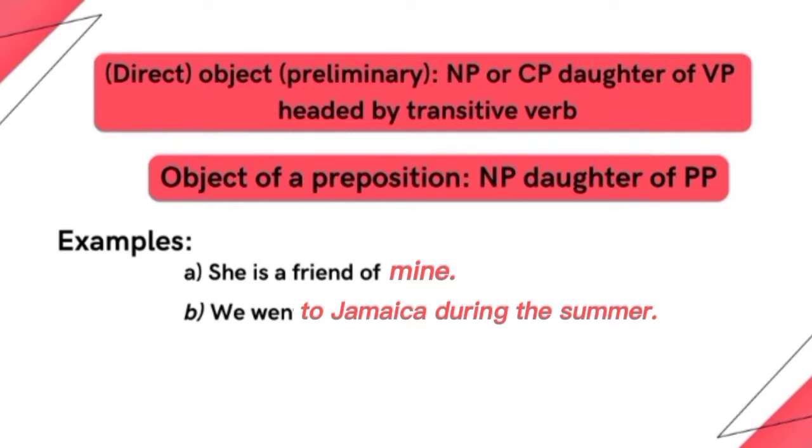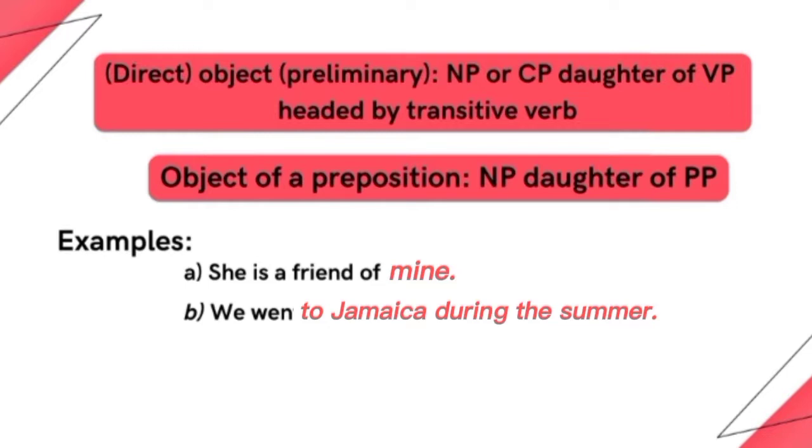A preposition is any word that can be used to introduce a prepositional phrase. Prepositional phrases are phrases that are used as modifiers of nouns, verbs, adjectives, and adverbs. For example, the sentence "She is a friend of mine" uses the prepositional phrase of mine to modify the noun friend.